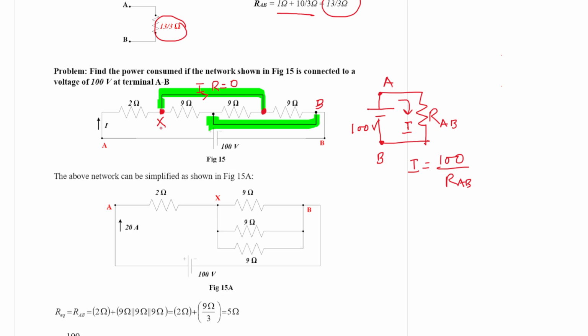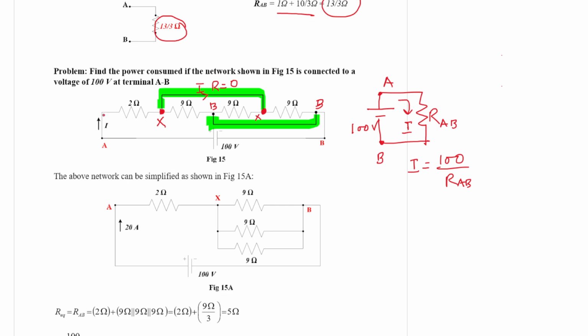And similarly, if these two nodes are short circuited, then this B node appears as it is at this node, because it is a short circuit. So short circuit means two points are actually the same node. If this is X, this is also X. Short circuit means that. Now let us solve one by one.